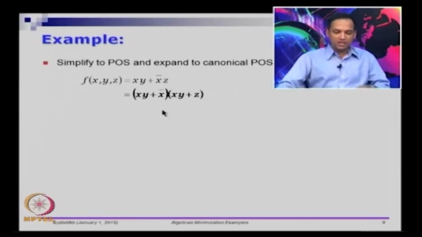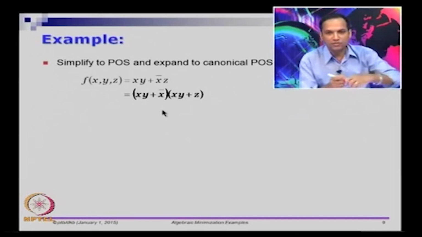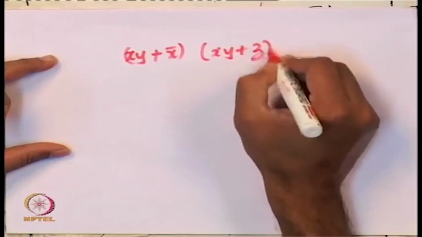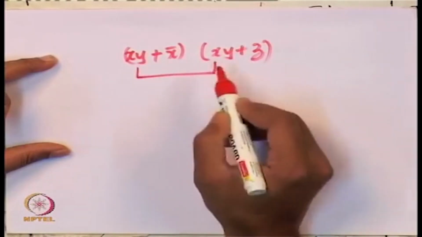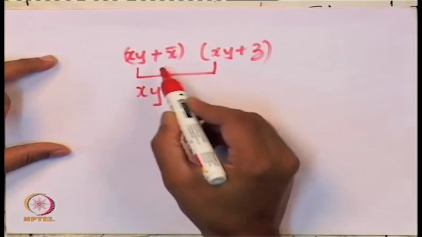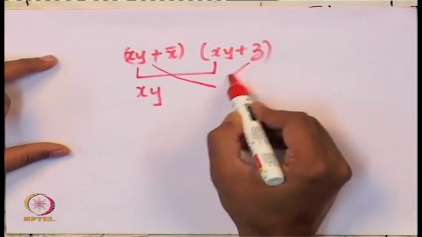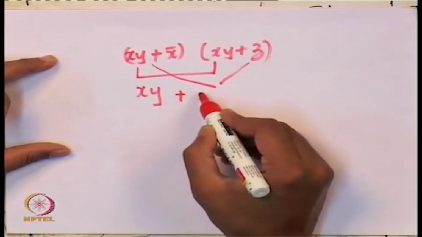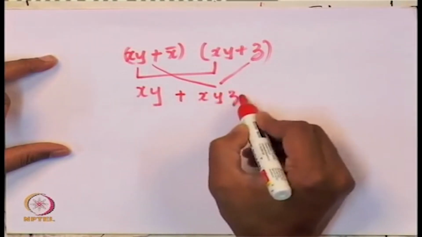So you have (xy plus x̄)(xy plus z). So let us see if we can show that these two are the same. So (xy plus x̄)(xy plus z). If I take these two terms, that gives me xy. If I take these two terms, that gives me xyz.